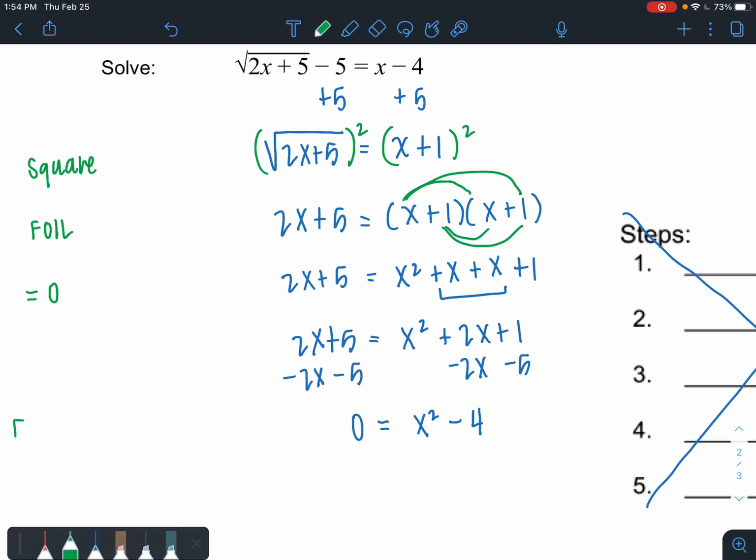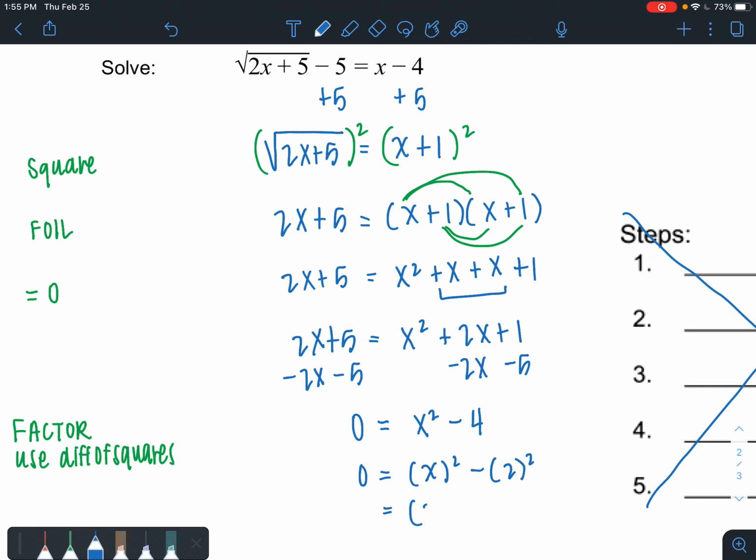Now we need to factor, and we are going to use the difference of squares. This is the quantity x squared, and this is the quantity 2 squared. So I get x minus 2 times x plus 2.